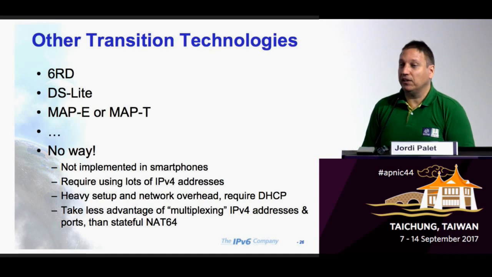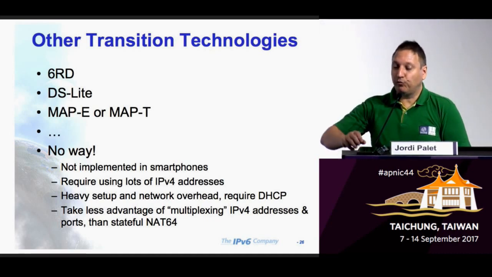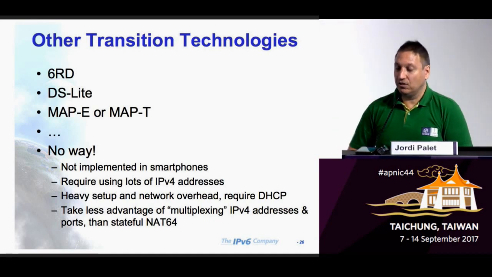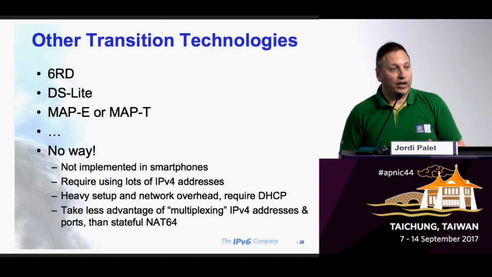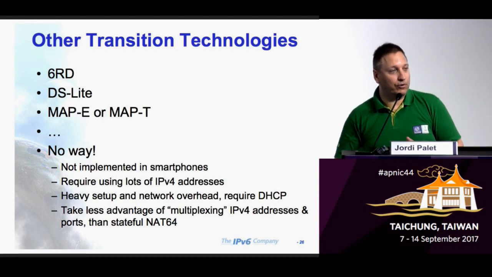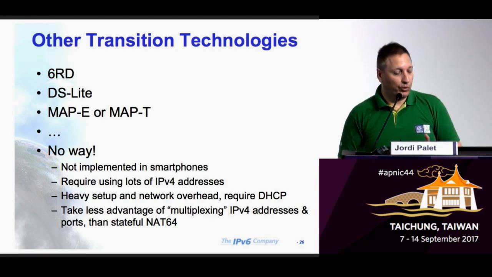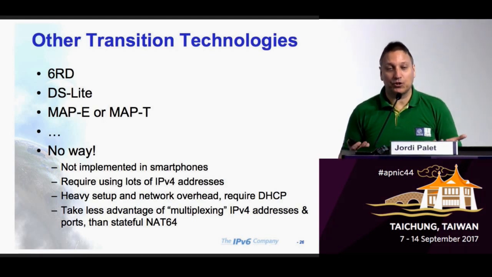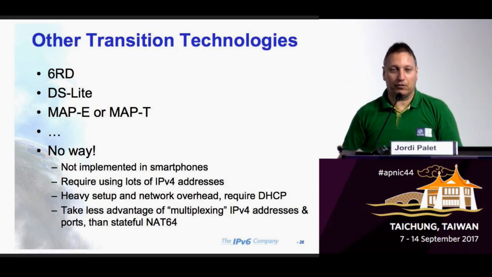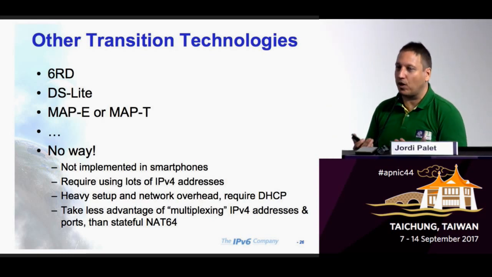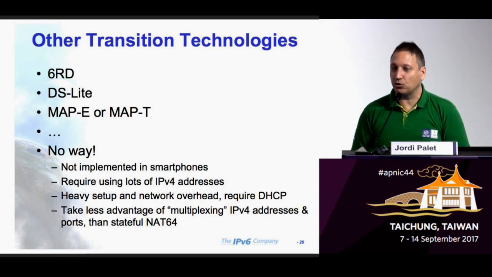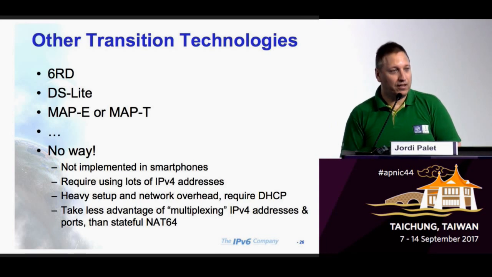And the last possibility, let's look for other transition technologies. Well, we have 6RD, we have DS-Lite, we have lightweight 4over6, we have MAP-E, we have MAP-T. There are many transition technologies. Some of you probably know some of them already, or you have been in the transition tutorial that Philip did the first day.